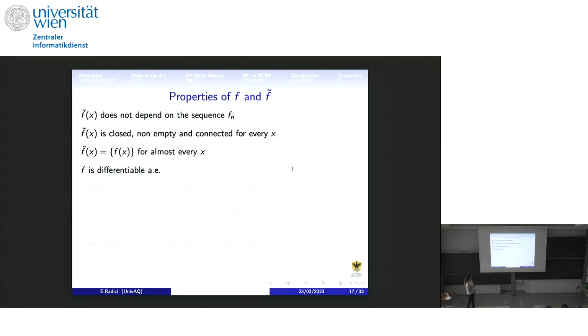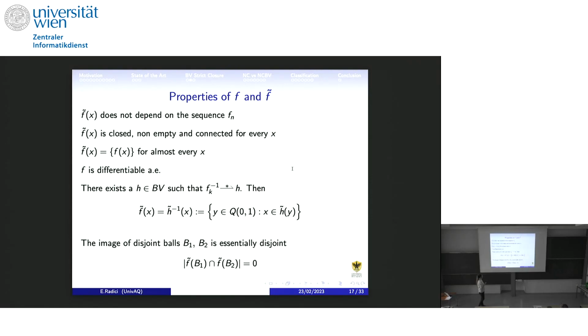The function is differentiable almost everywhere. Also, since our approximating sequence is a sequence of homeomorphisms, it immediately gives also the sequence of the inverse mappings. What we can prove is that the sequence of inverse mappings is still weakly star convergent to some BV map, and the multifunction associated to this BV map is what you expect: the inverse, in some sense, of the multifunction that you obtain as a limit of the F_k.